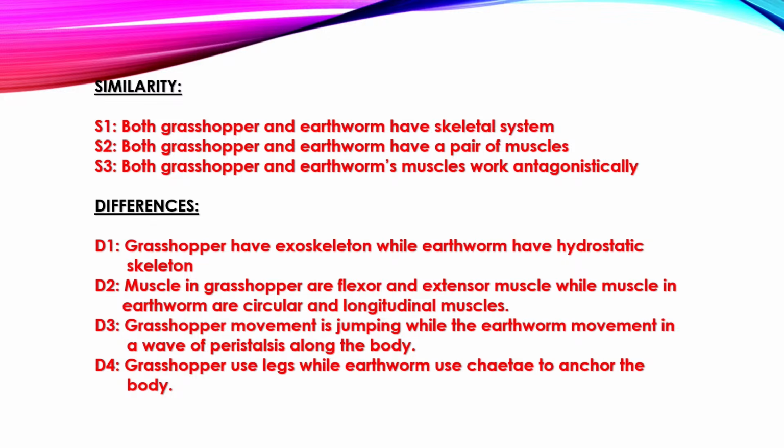Grasshopper movement is jumping, while the earthworm movement is a wave of peristalsis along the body. And the last difference, grasshopper uses legs, while earthworm uses keta to anchor the body. So we choose 1 similarity and any 2 differences to get a full mark.